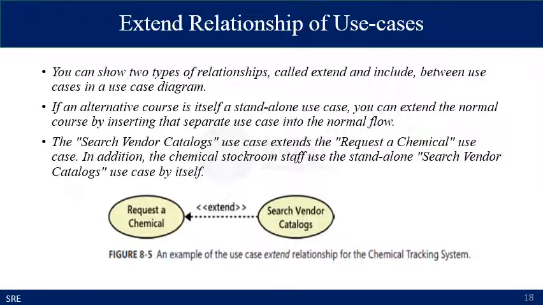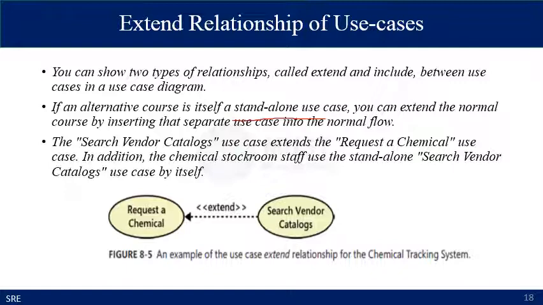So use cases also represent different kinds of relationships. You show two types of relationships, called extend and include, between the use cases in the use case diagram. For example, if an alternative course is itself a stand-alone use case, you can extend the normal course by inserting that separate use case into the normal flow.